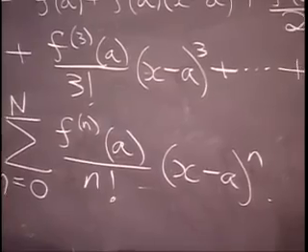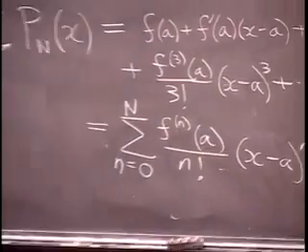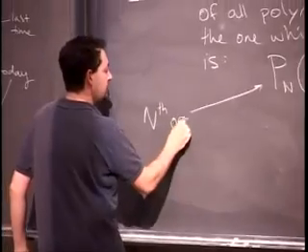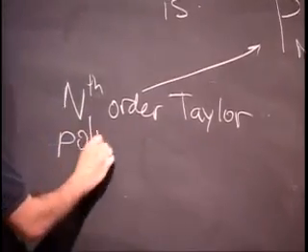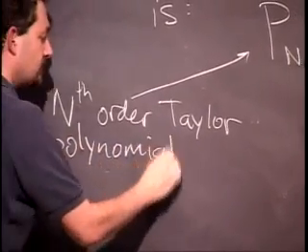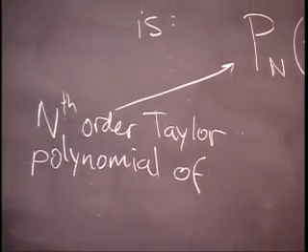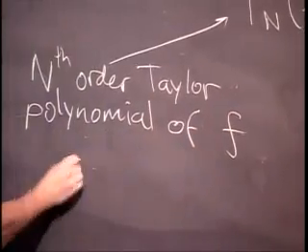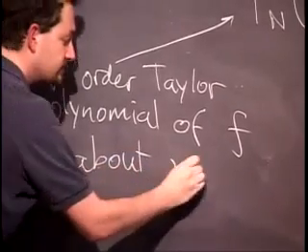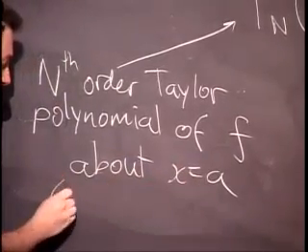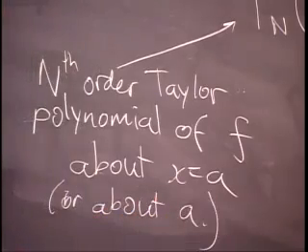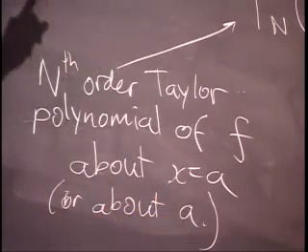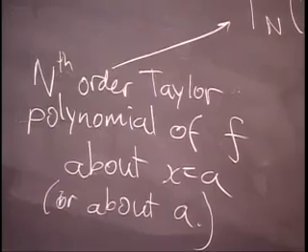Okay, so this is called the nth order Taylor polynomial, after this dude Taylor, who investigated these things, of f about x equals A, or just about A. Okay, so everything depends on A. If you want to investigate the behavior of that function up there somewhere else, you don't use the blue curve.